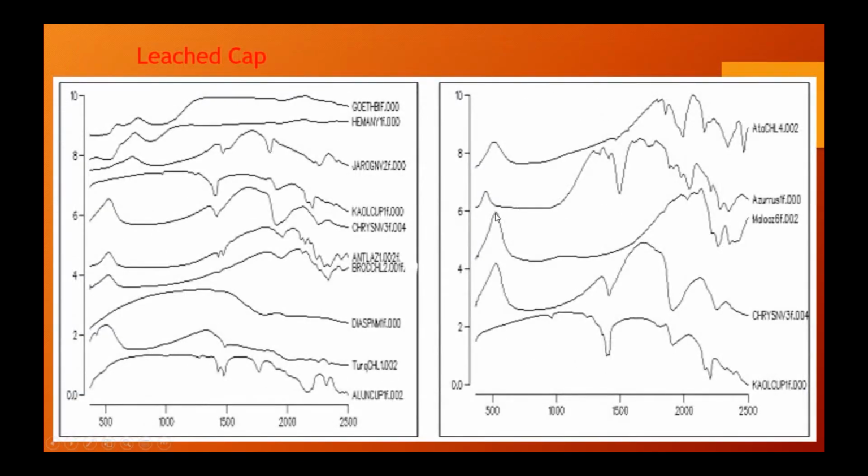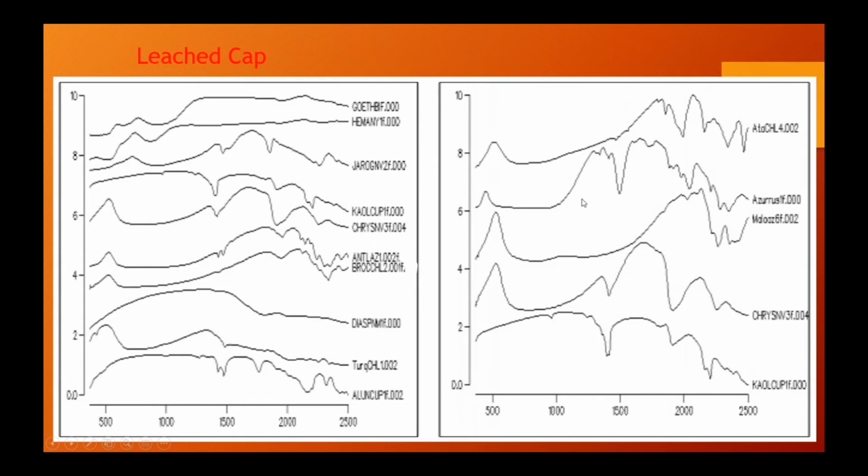Leached cap. So remember in the model we were talking about, not only are we looking at characterizing those alteration minerals and the copper minerals, but we can actually also characterize those leached cap zones. So the plot here on the left, these are going to be leached cap minerals, including the goethite, hematite, jarosite, kaolinite, chrysocolla, antlerite, brochantite, diaspore, turquoise, and alunite.